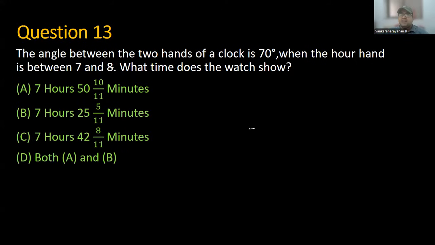Here, the angle of inclination is 70 degrees. So one possibility that I can think of, 70 equals 11 by 2m minus 30 times 7. This is case 1. So from this, I can see that 11 by 2m equals 70 plus 30 into 7, that is 210.